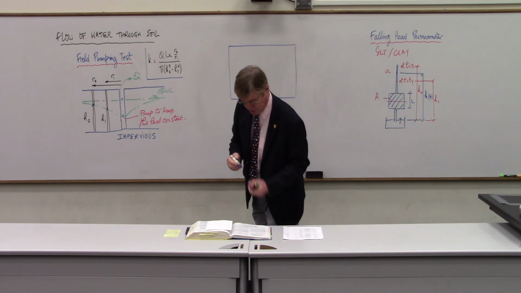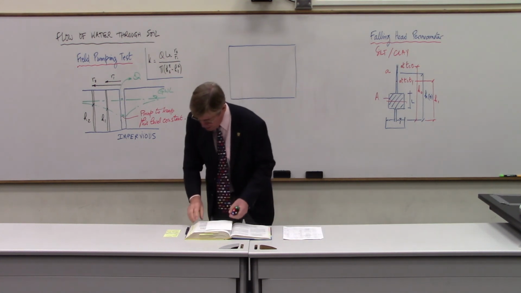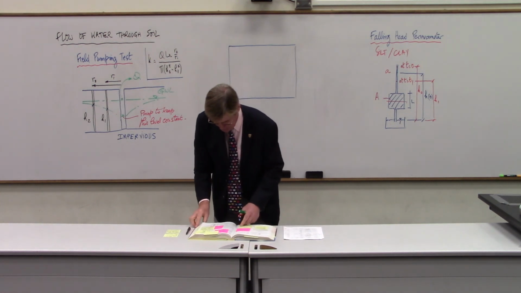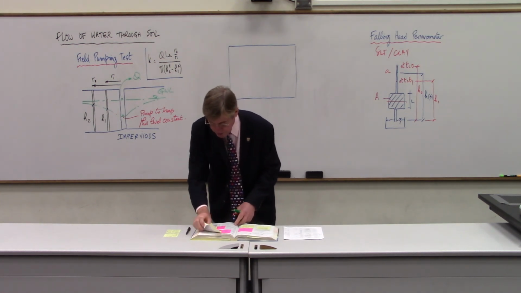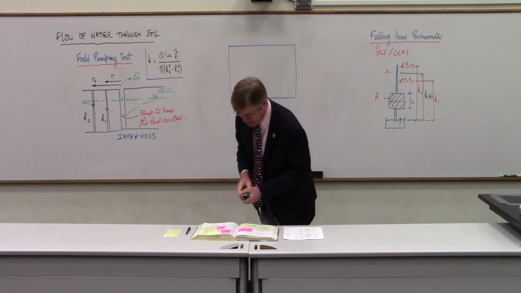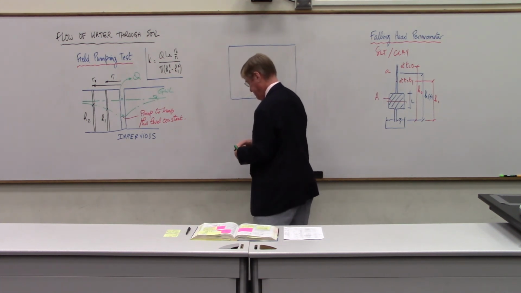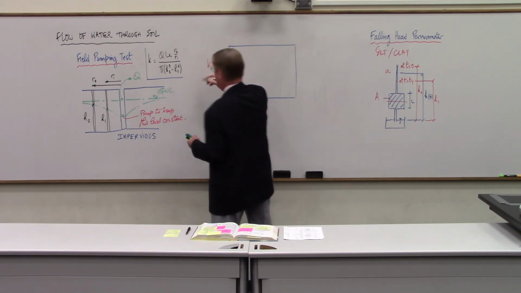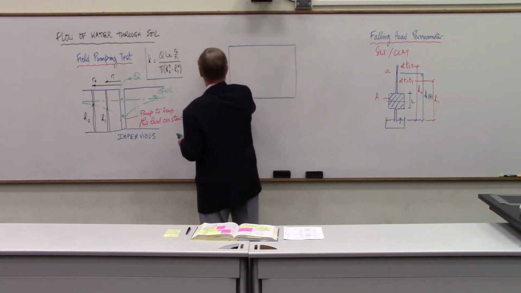And if I plot here, now I'm looking at figure 13.6 on page 373, K, the permeability in meters per second, divided by K large scale, if you wish.